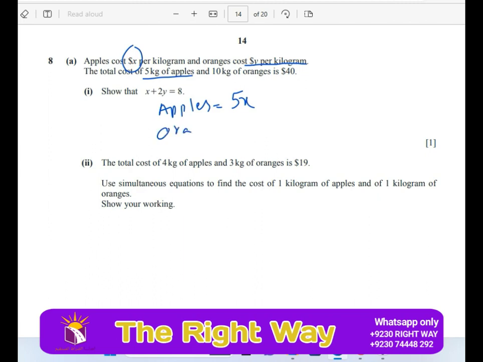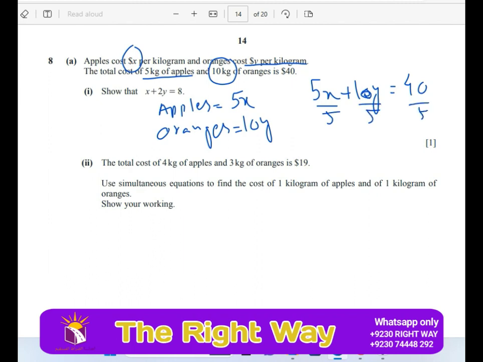So total oranges will be equal to, we have 10 kg of oranges, so it will be 10y, and when we add 5x and 10y, it will be equal to $40. Now dividing by 5, 5 and 5, we will get x plus 2y is equal to 8. The equation we have to prove.